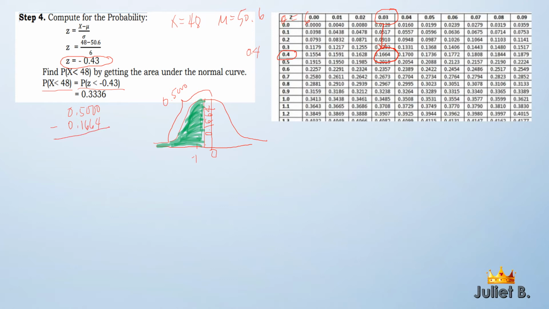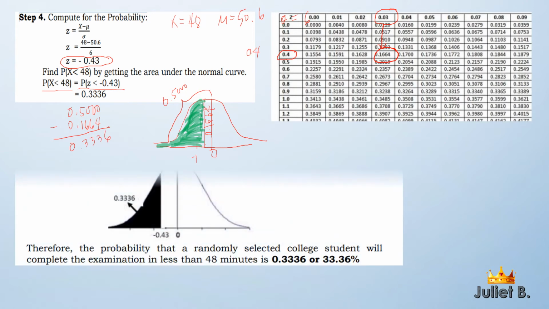And the difference is 0.3336. So, therefore, the probability that a randomly selected senior high school student will complete the examination in less than 48 minutes is 0.3336 or 33.36%. So, ayan yun. Ito yung may shaded region. Yun yung hinahanap natin.